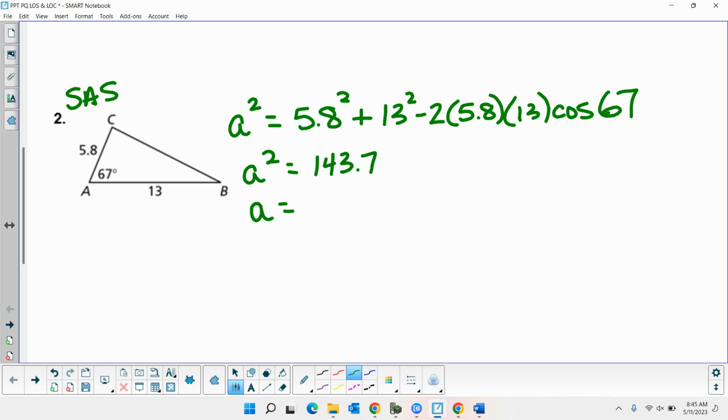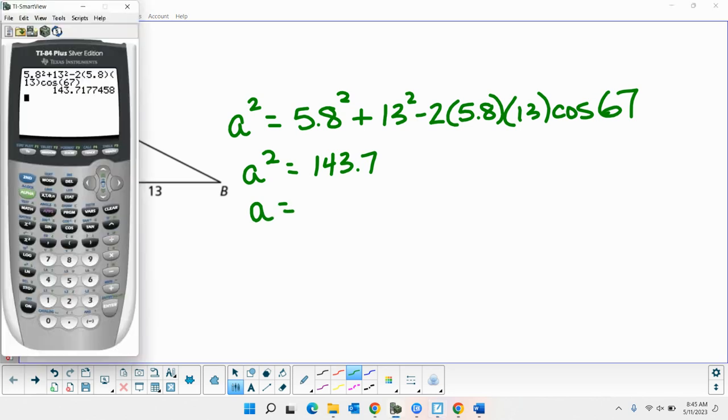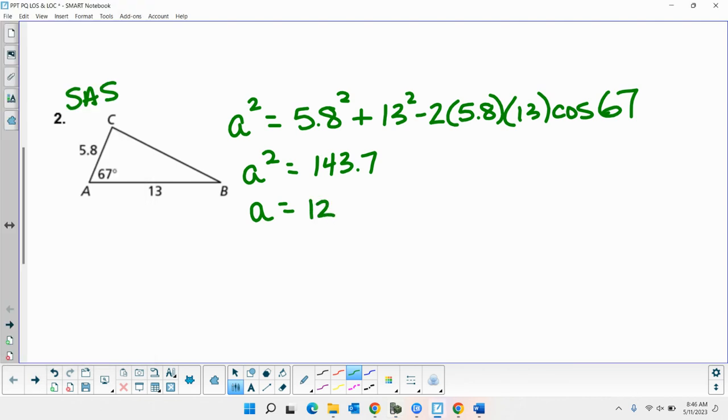So take the square root of that answer. We get 11.988. So I'm going to just make it 12 for side A. Now, Preston, which angle do I find next, B or C?